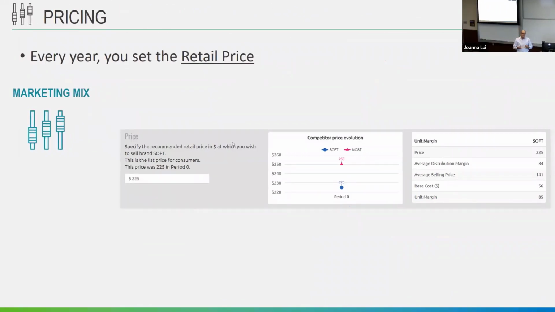Every year in Markstrat, you set the retail price. And I want to emphasize that you are setting the retail price. The retail price is not the money that your firm gets. Okay, and I'm going to have to draw on the board here.